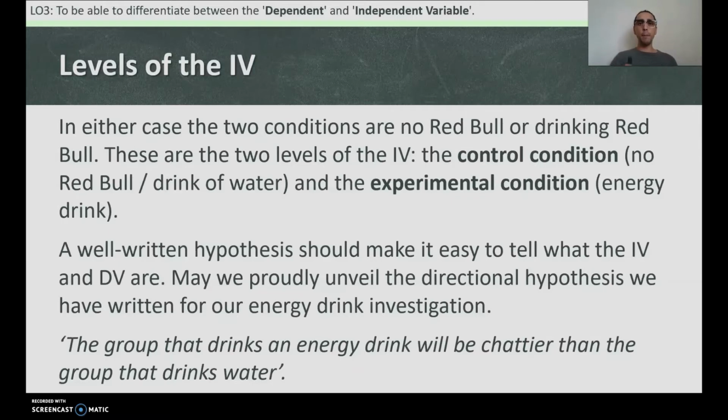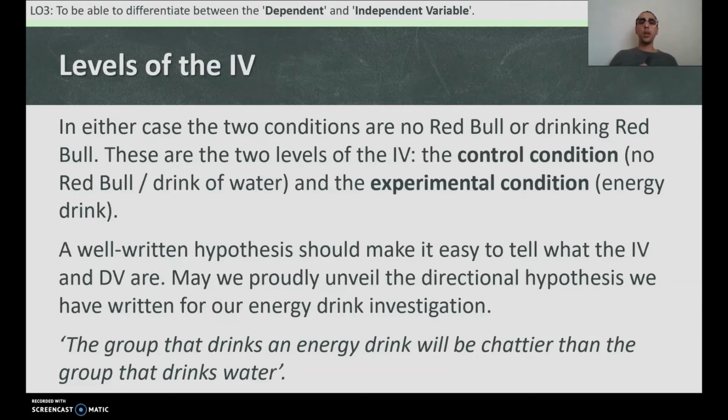A well-written hypothesis should make it easy to tell what the independent and dependent variable is. We may proudly unveil the directional hypothesis we have written for our energy drink investigation. Here's our directional hypothesis: the group that drinks an energy drink will be chattier than the group that drinks water.